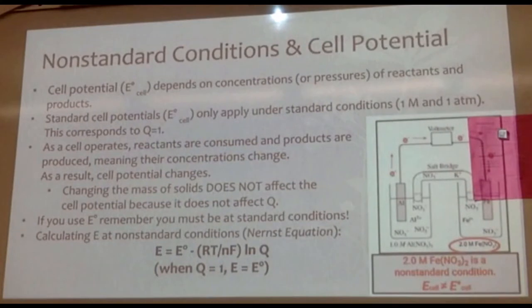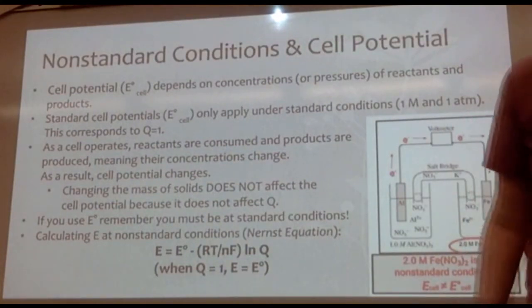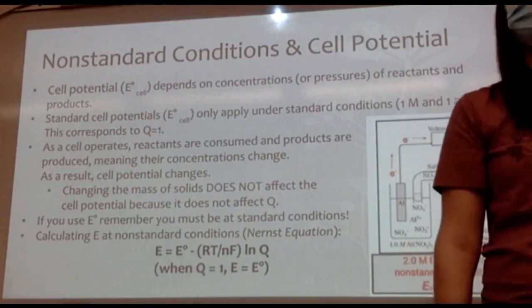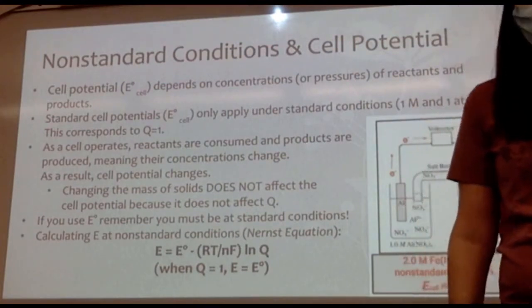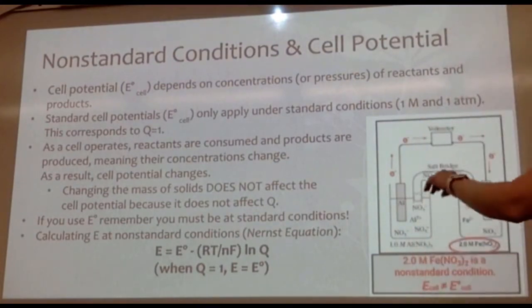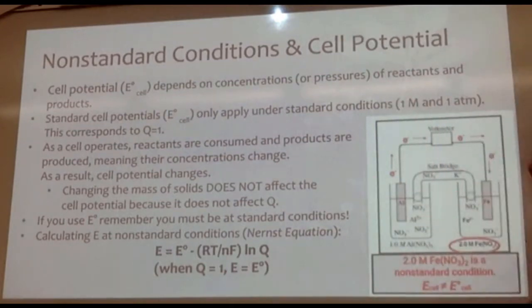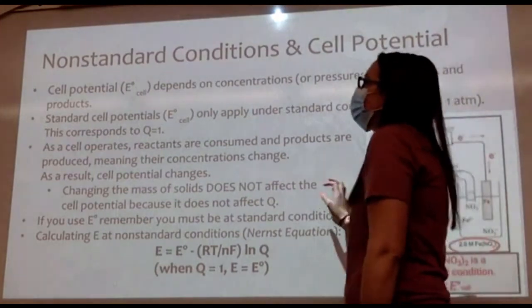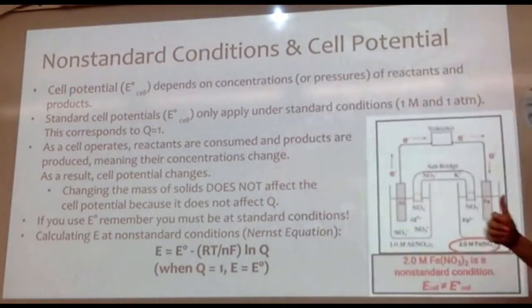Now, with non-standard conditions and cell potential, this was completely typed out for you on page 10. So you don't need to write all of this down, if you want to, okay, but this is all on page 10. Cell potential, which remember is E naught cell, depends on concentrations or pressures, if we have gases, of reactants and products.